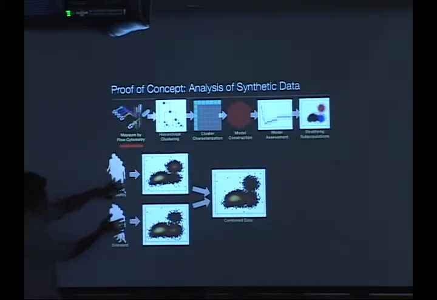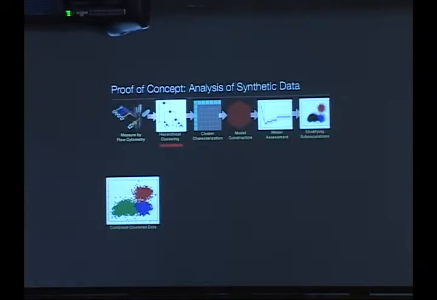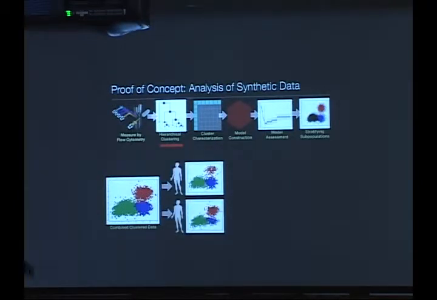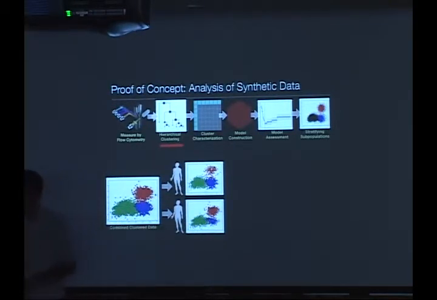We take all of the data from all of the samples, and it gets pooled together, and we cluster that combined data so that we can find clusters that we can look at in each of our individual patients. So we'll take the combined clustered data, and we'll split it back out into the individual patients, and then I can start to quantify properties of each of these clusters in each individual patient.